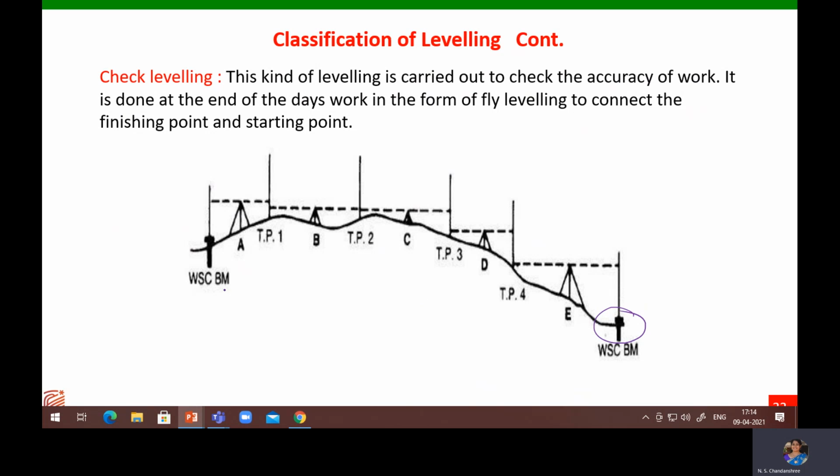Once we finish the survey, before winding up we have to go back to the first point of that day and check. When we go back to the first point, the RL that we got at the beginning of the day and at the end of the day should match. In that case we can say that the surveying we have done is correct.